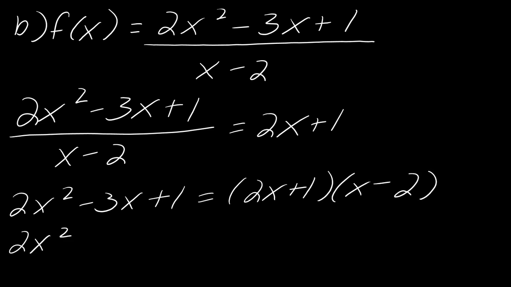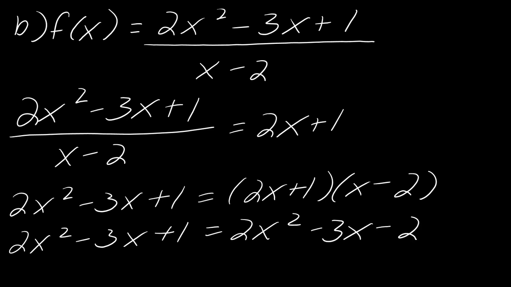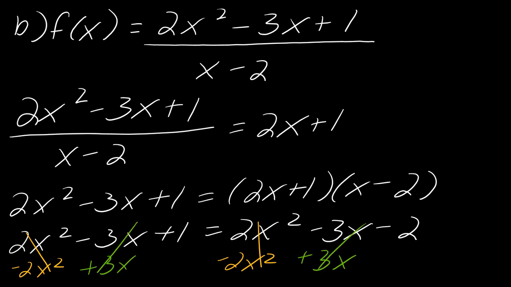So I have 2x squared minus 3x plus 1 equals 2x squared. 2x times negative 2 is negative 4x, plus 1 is going to be negative 3x, minus 2. Now looking at this, I see that the 2x squareds drop out. And if I add the 3x's to both sides, those drop out. So I'm just left with 1 equals negative 2. That doesn't make any sense, so we just know that it does not cross.